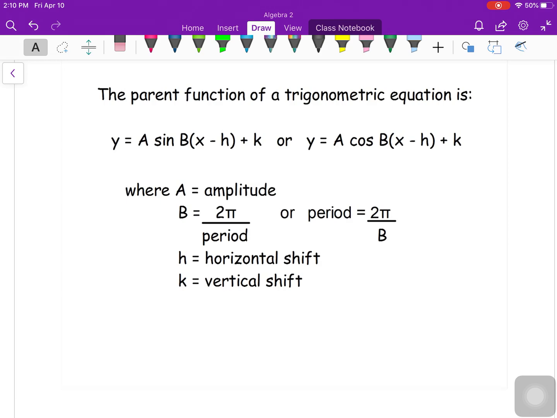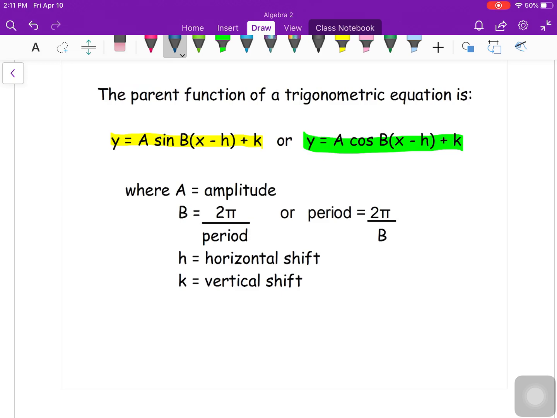The parent function of our trig equation is y equals a sine b of x minus h plus k, or y equals a cosine b of x minus h plus k. Just like on any other parent function we had, a was the vertical stretch.